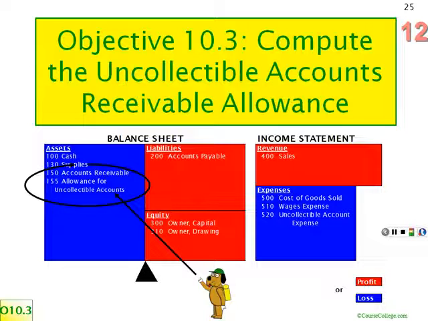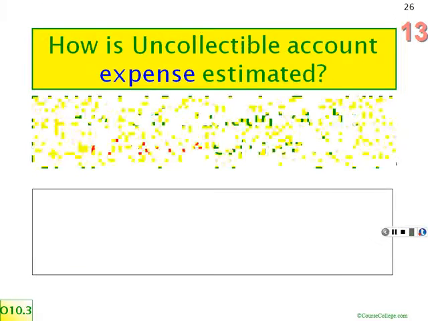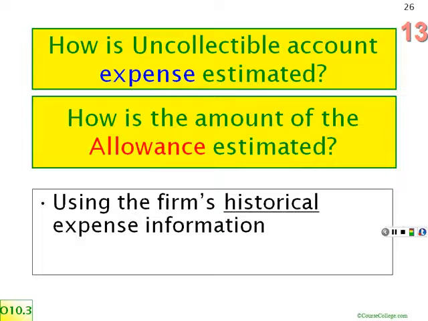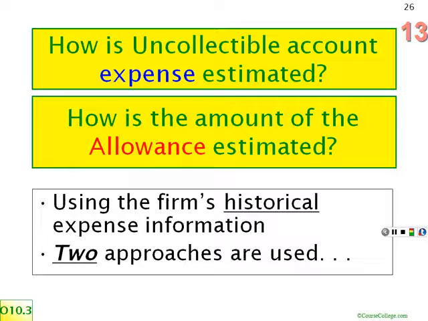Okay, so we have this challenge of determining how much should we put in the allowance account at the adjusting point. Answer is we guess. We already knew that it was a guess. What's the basis of the guess? Your historical performance is the basis of your guess. You go back and you look and see, well, how much bad debt have we been experiencing over the past few years?